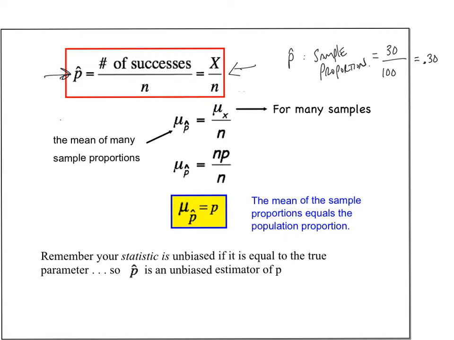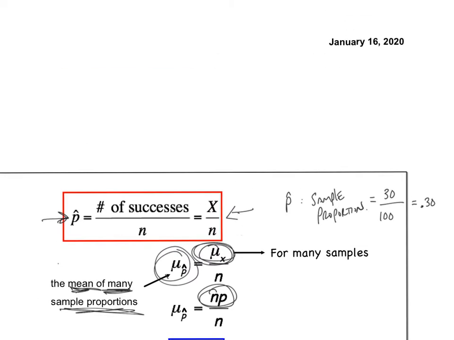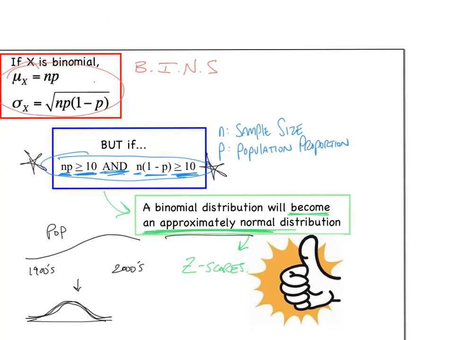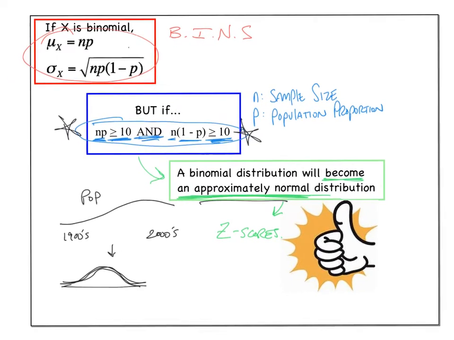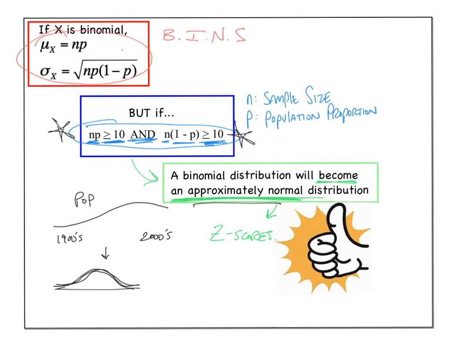Now, if I took many, many sample proportions, this would be the symbol of that. I would be finding the average of all of my little sample proportions. So I would have the average of many samples divided by my sample size. Now, this mean becomes np. That's going back to my previous page for binomial: mu of x equals np.